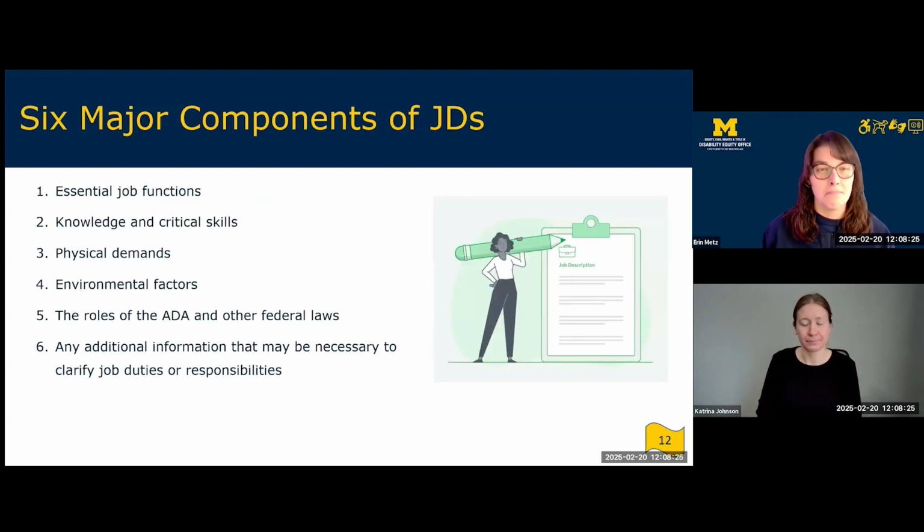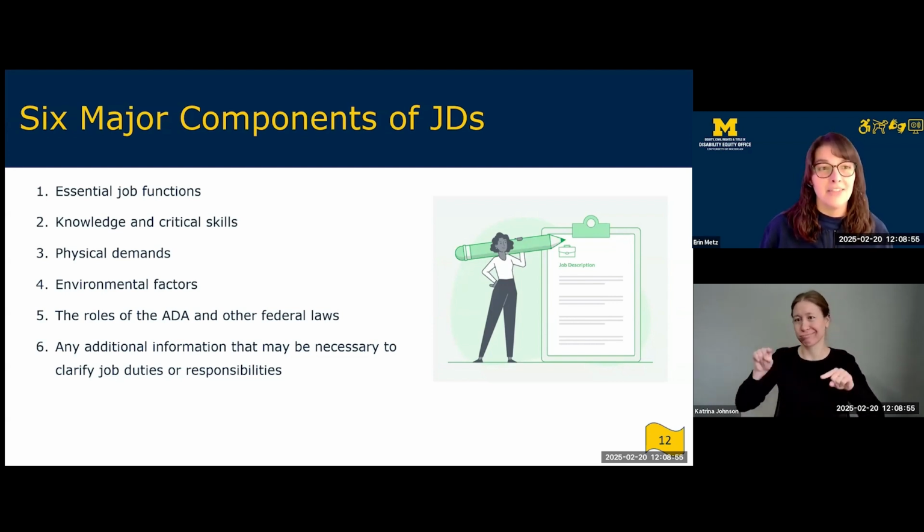So let's talk about the 6 major components of these JDs. Obviously, number 1, listing those essential job functions. Number 2, putting in the knowledge and critical skills necessary for the position. Number 3, listing any physical demands, like if you need to move or transport items. Number 4, any environmental factors, maybe if you need to work outdoors or in places with varying temperatures.